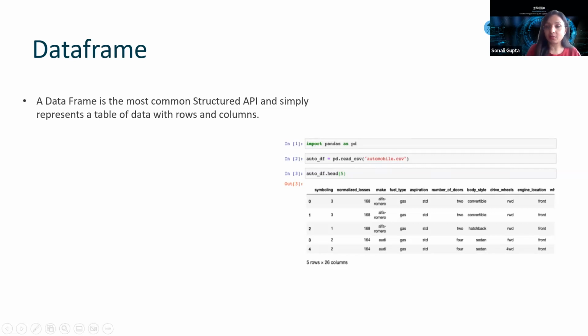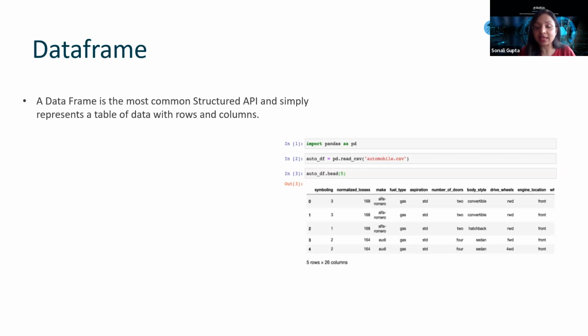We start reading it by using the read CSV function. This function gives you the entire data that is in the automobile.csv file, and it gets inserted into a data frame, AutoDF. So this is actually creating a data frame.